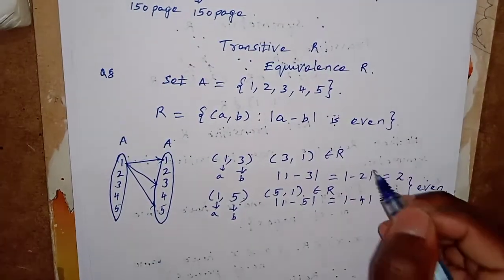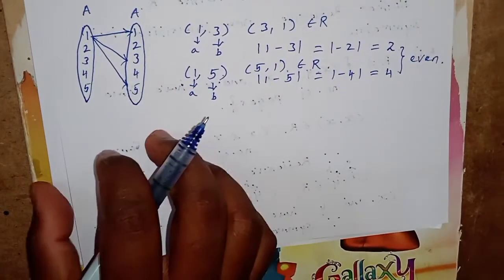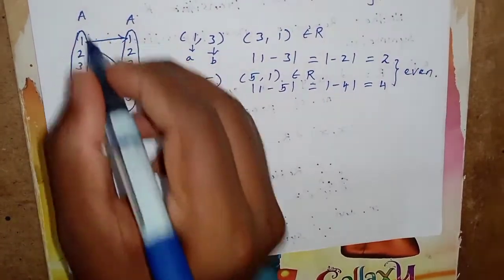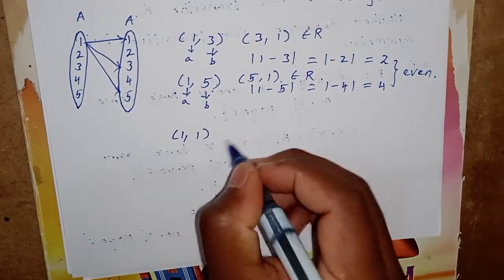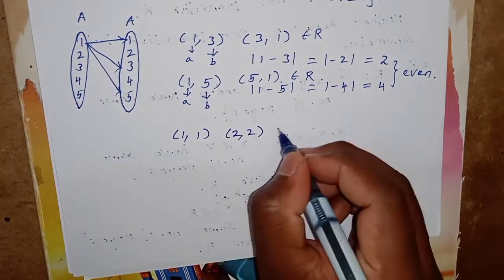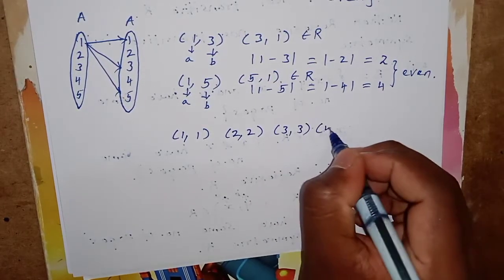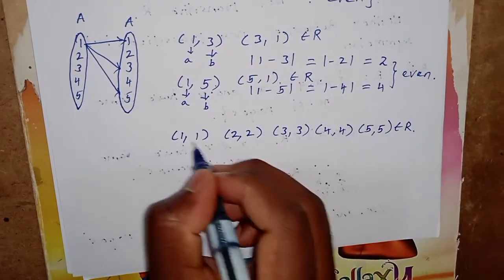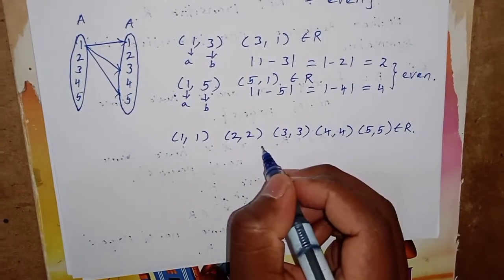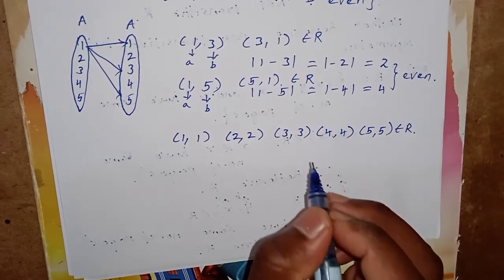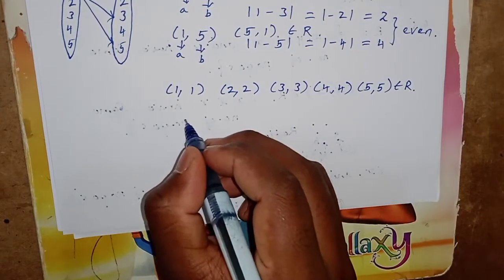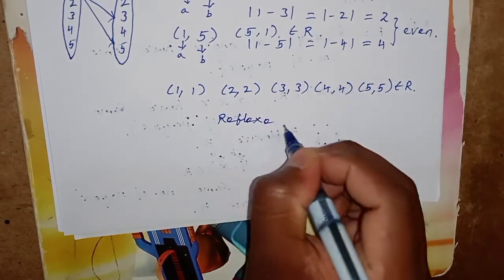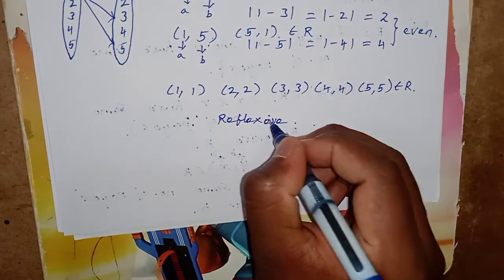Now first condition, reflexive, means for every A belongs to capital A. Therefore (1, 1), (2, 2), (3, 3), (4, 4) and (5, 5) belong to R. If you subtract 1 minus 1, 2 minus 2 equal to 0, therefore it is even. Here it is satisfying. Therefore, it is a reflexive relation.